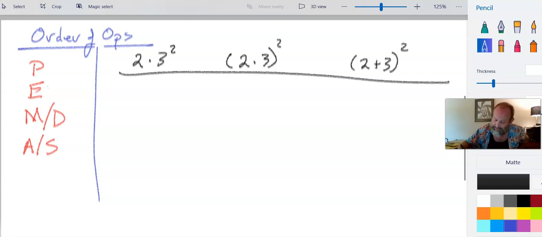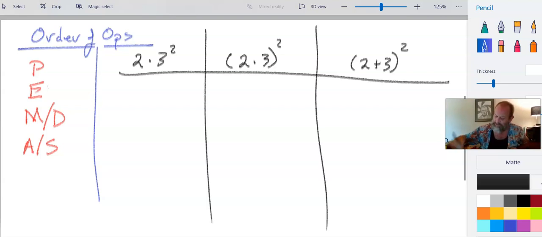Okay, so they're all a little different. They all have the same numbers in them, but they're organized a little bit differently. So again, just to test to see what you know, pause the video here and then see if you can work on them.